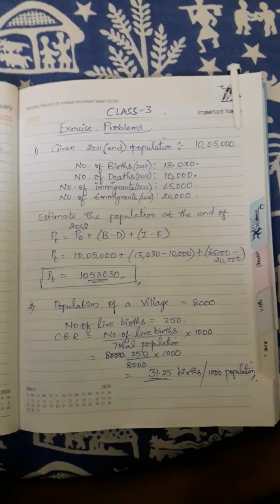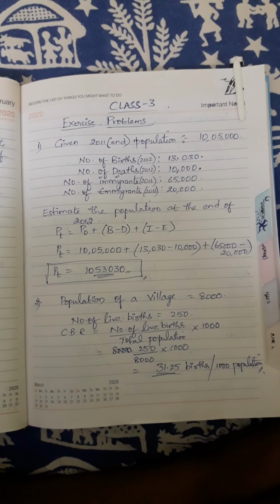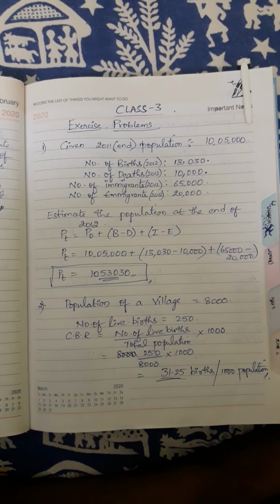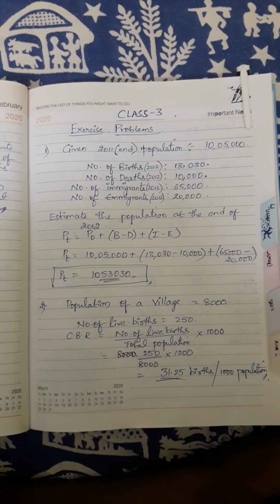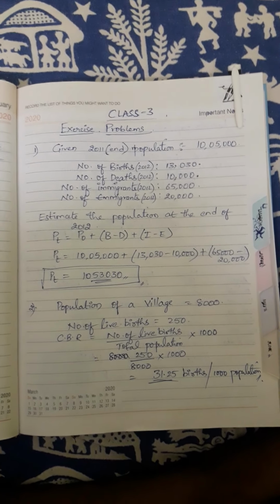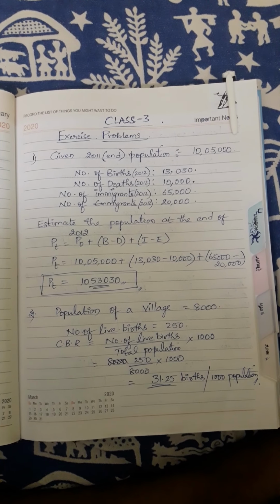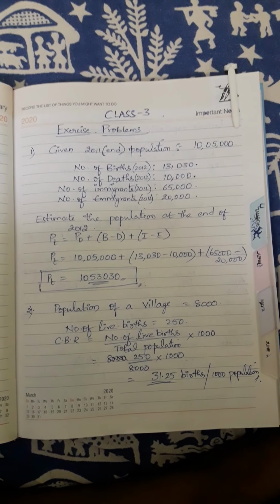So let us have problem number 1. Here, at the end of 2011, the population was given as 10,05,000 in a town, and the number of births that occurred at the end of 2012 was 13,030.